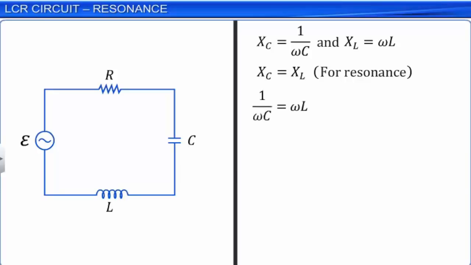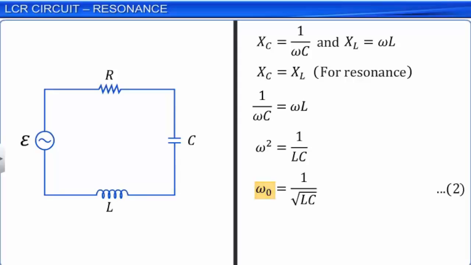On further simplification, we get omega is equal to 1 by square root LC. Let this be equation 2. Let us now call this angular frequency as omega naught. This frequency is also referred to as the resonant frequency of the circuit.